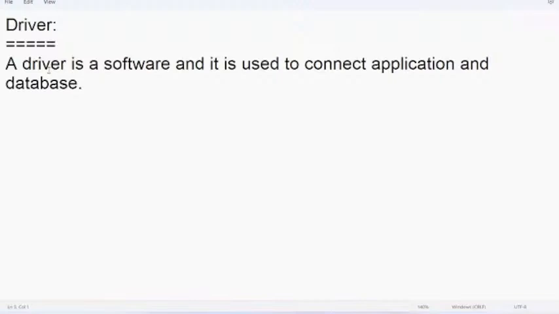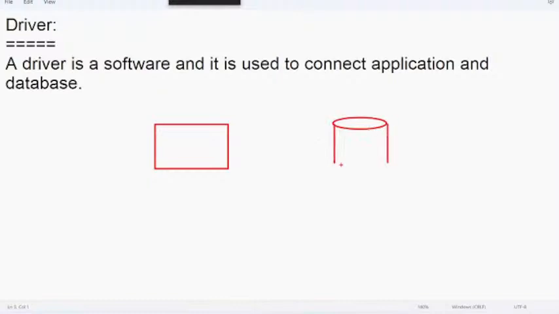First of all, who is first party? Who is second party? That is why third party appears. You observe always third party only appears. But who is first party? Who is second party? Actually, here, application and database. Suppose application is Java. Database is Oracle.